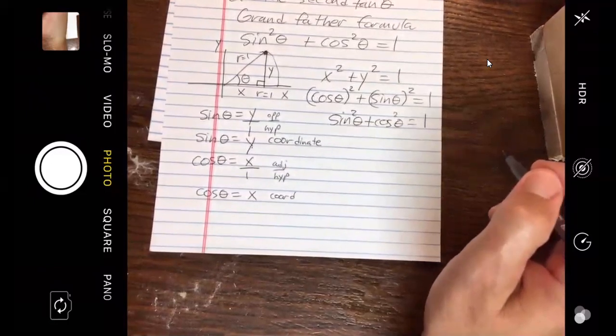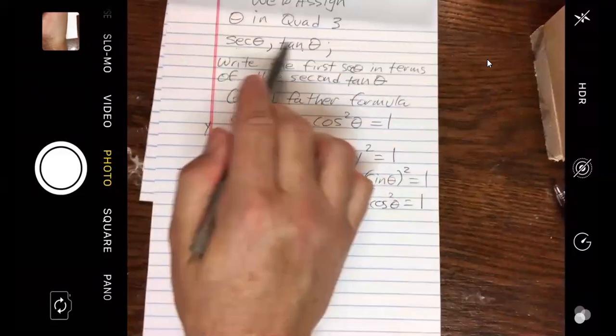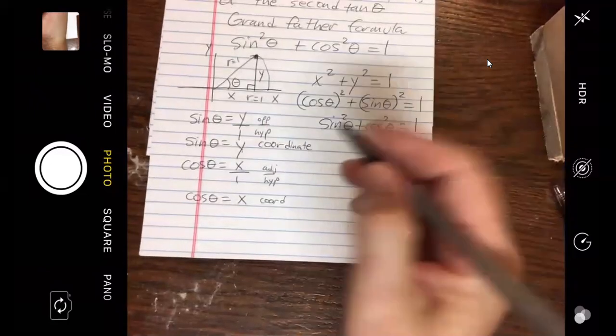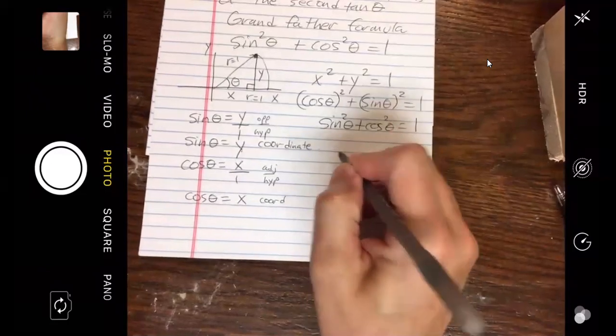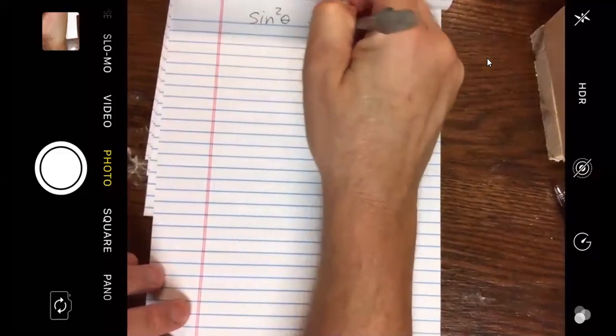Okay. To go further, again, we're zeroing in on your original question. To go further, you can divide through. So we have sine squared plus cosine squared equals 1.